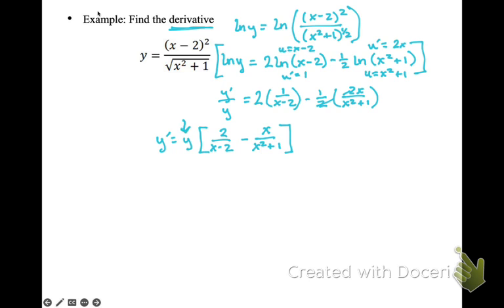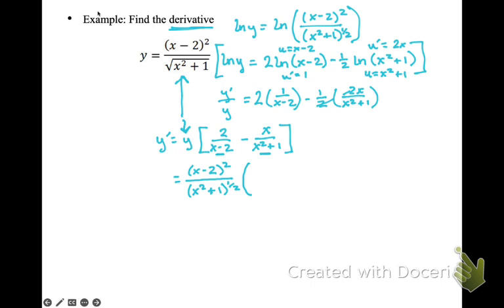We do know: x minus 2 squared over x squared plus 1 to the 1/2, times, now over here we're going to have to multiply 2 by this and x by this, correct?